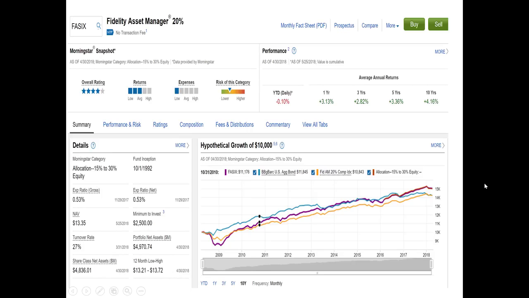So let's take a look at a specific mutual fund. The one that I selected, and this data comes from Fidelity and Morningstar, is called the Fidelity Asset Manager 20%. So this is a balanced fund that's designed to hold roughly 20% stocks, 80% bonds.